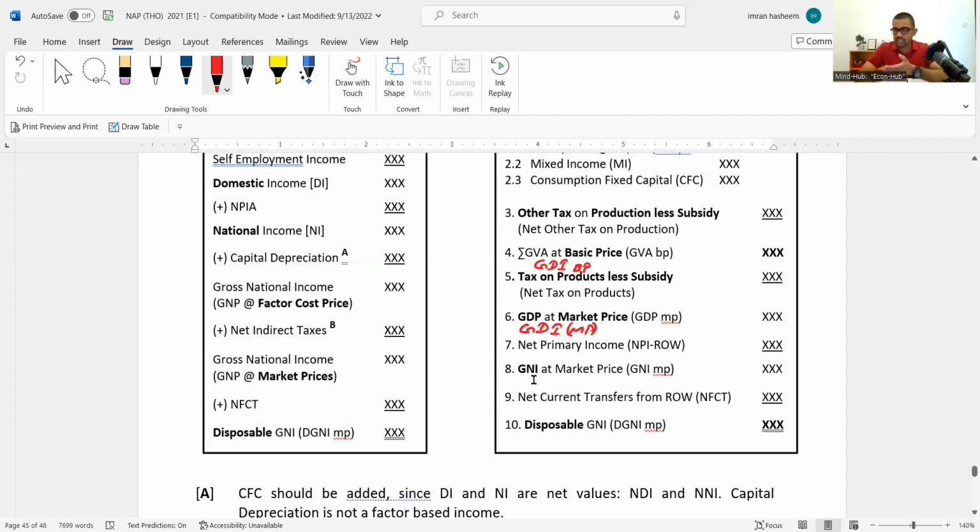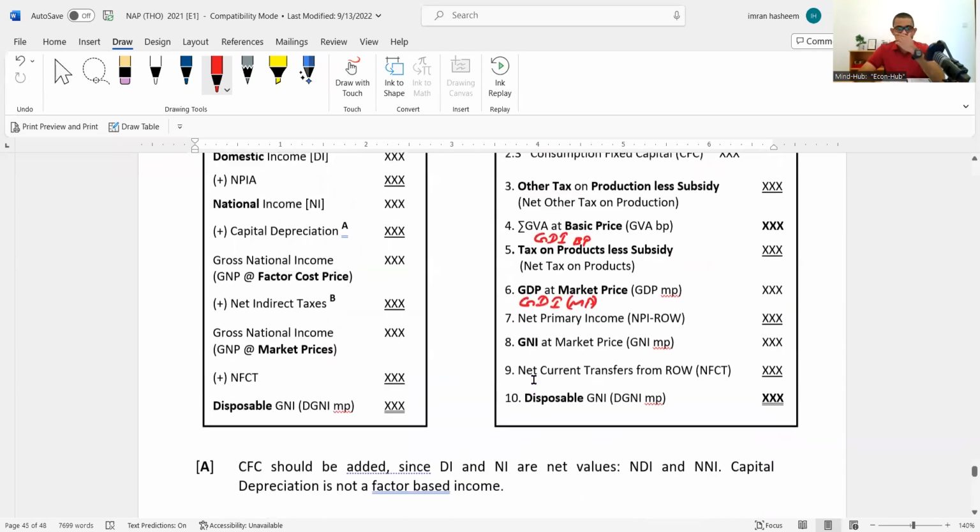Okay, then the rest is very common, or the general conversions, that is from the output approach, income approach, expenditure approach. Any of the 3 approaches, from domestic to national, you add net primary income from the rest of the world. Then for disposable gross national income, you add net current transfers from the rest of the world, or net foreign current transfers, right?